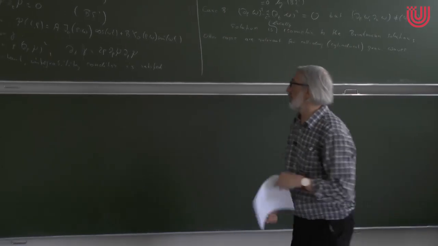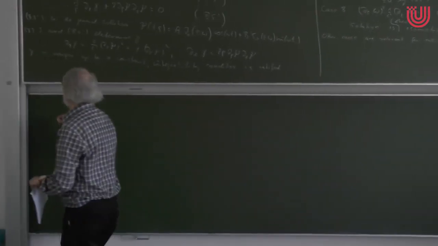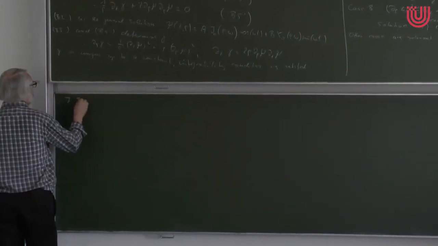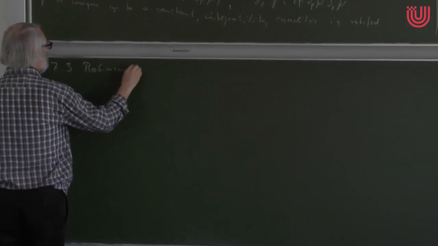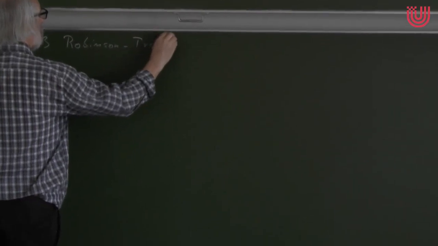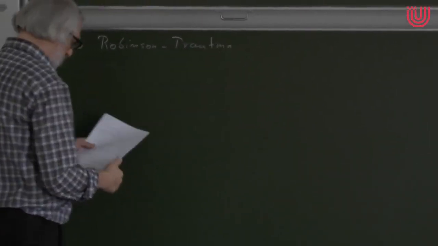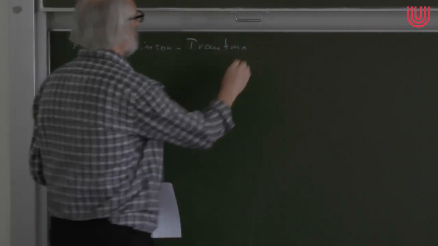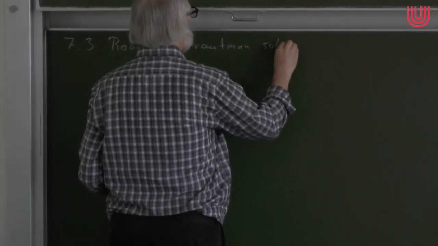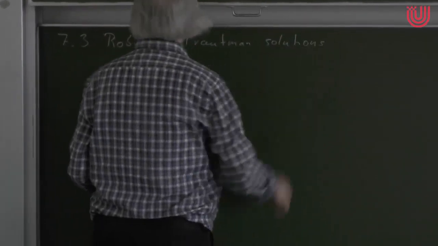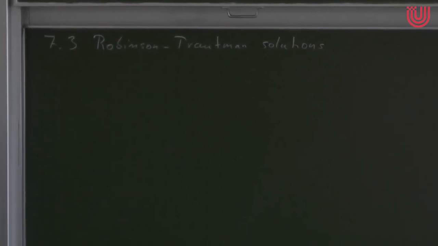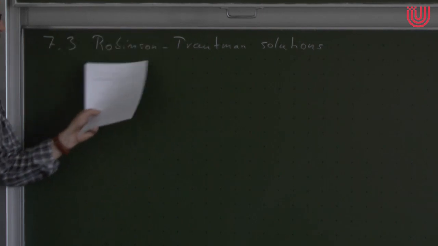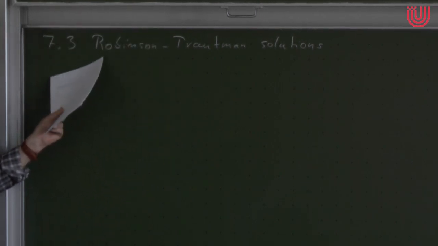Okay, Robinson Trautmann. I will try to give you an idea how these solutions are constructed without going through it in detail. Ivor Robinson was a British mathematical physicist who was really one of the pioneers of the theory of gravitational waves.